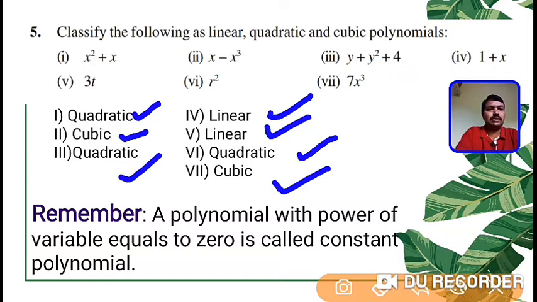But remember, a polynomial where the power of the variable is 0 is called a constant polynomial.